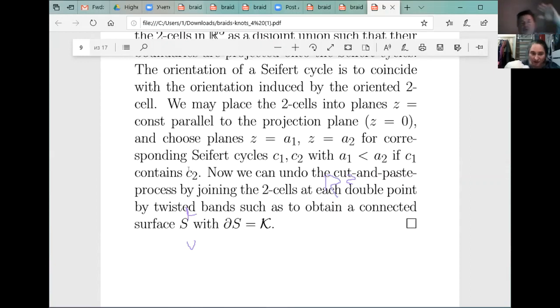Okay, so the big circle that you were drawing will be at the smaller level, and the small circle will be over it. Okay, and we have three crossings, and we have three bundles.